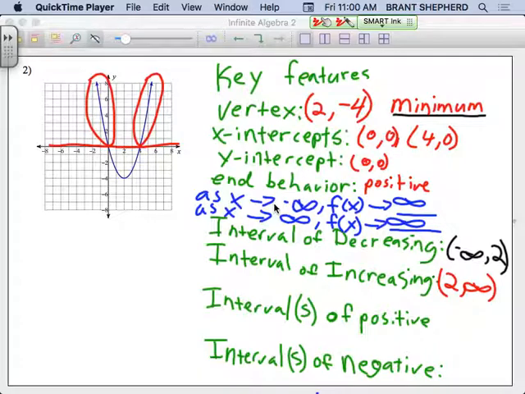Okay? So it started being above the x-axis way back here at negative infinity, and then it crosses the x-axis at our first x-intercept, which is 0, 0. So from negative infinity until we get to an x of 0, it's positive.